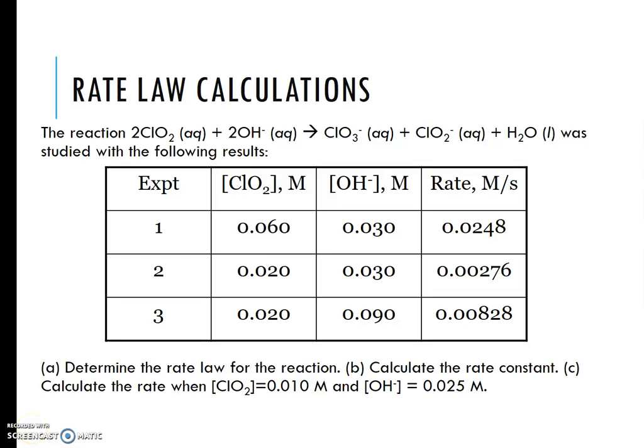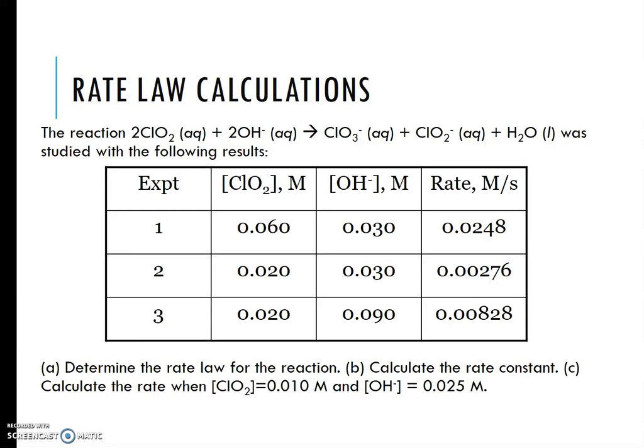So let's start by looking at the question we left off on Friday's lecture. We want to know how these concentrations can affect the overall rate and by how much. So we want to look at how the concentration of ClO2 affects the rate and OH minus.